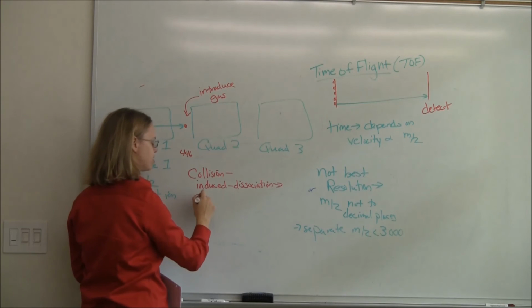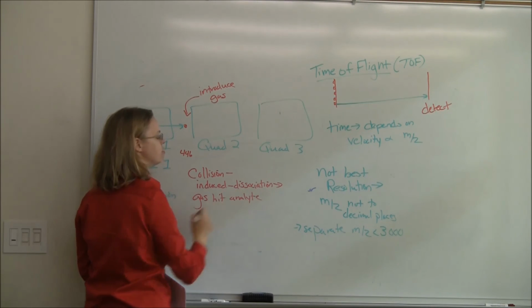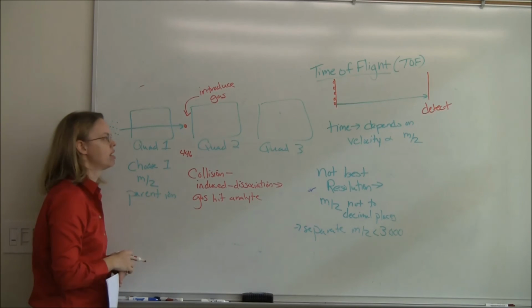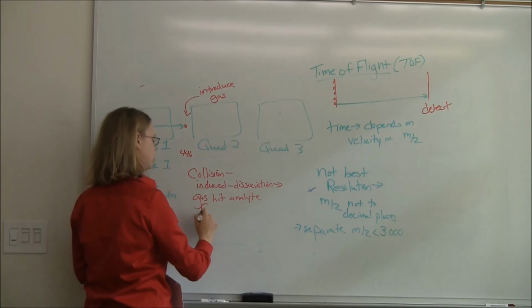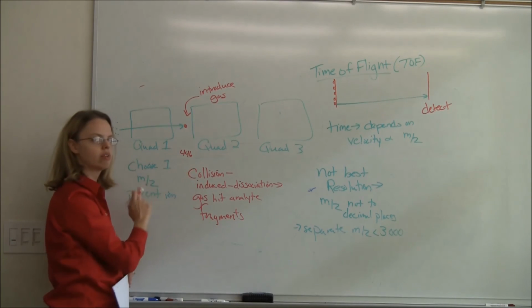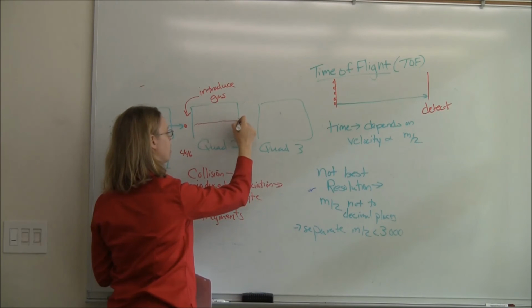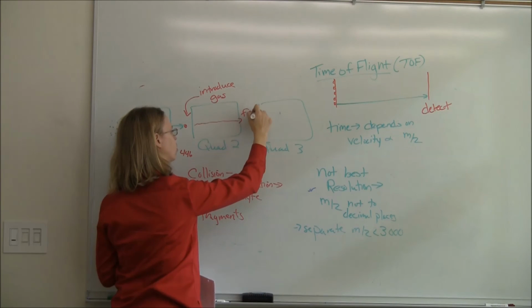Basically, your gas will hit your analyte and you'll break some bonds. So if you have enough energy in your gas, hit an analyte, break some bonds. So then you get fragments, and that's what you want to do. So you know the molecular weight because we chose it over here. Then we cause fragments. So in here, again, we get fragments out.